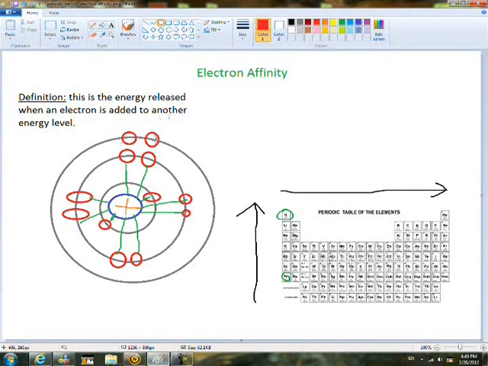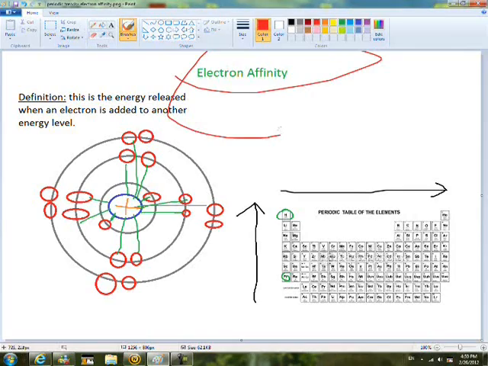Say there's only 2 electrons right now. The energy pulling it in isn't that strong. But if I were to add more electrons, the force pulling it inside will make it stronger, so this will increase the electron affinity. And that's basically how electron affinity works.